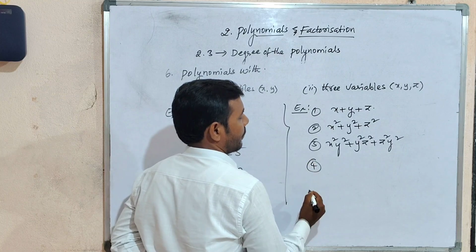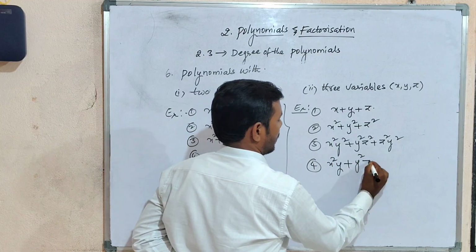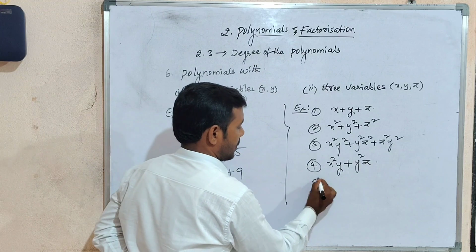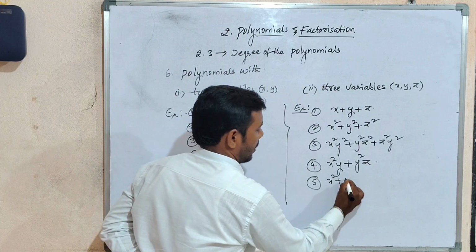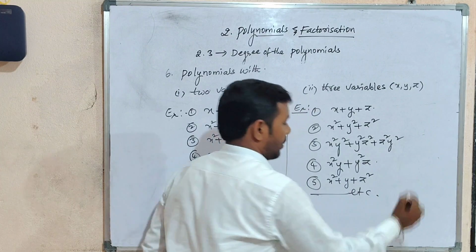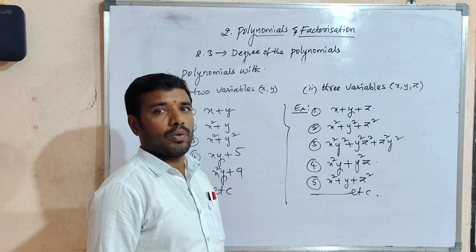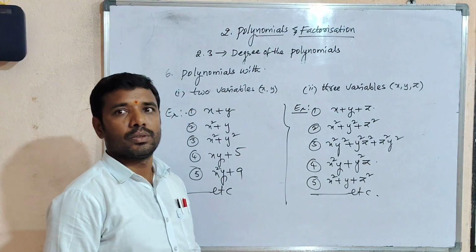Fourth one, x square y square z. Last one, x square y z square. Like this we can write many polynomials which contain x comma y comma z variables.